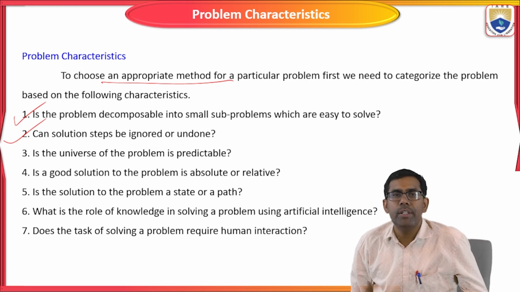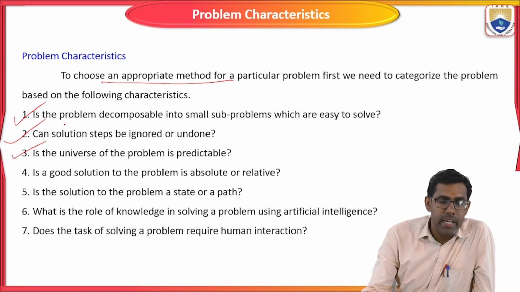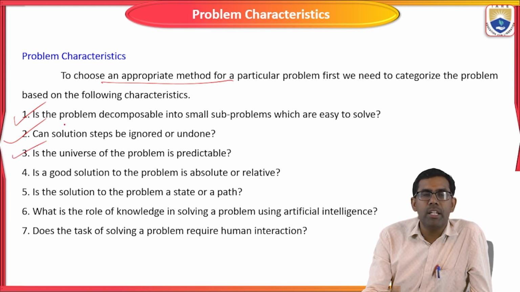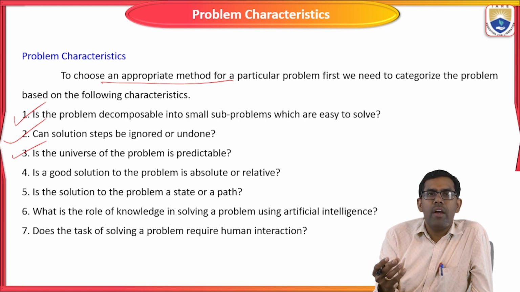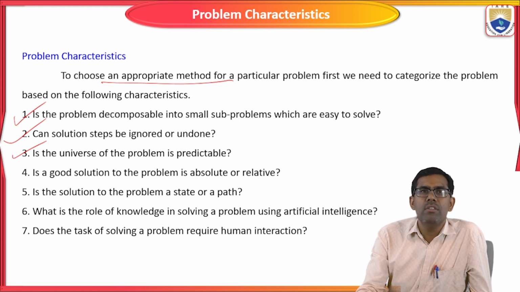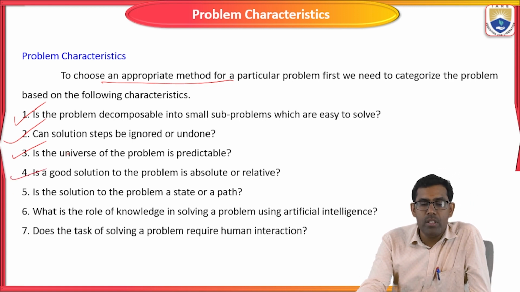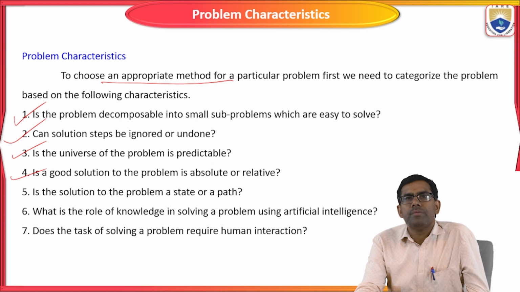That way we are going to take the characteristic. The third one is whether the universe of the problem is predictable. If you have some solutions or some knowledge about the problem solving, it should be predictable. The fourth one is whether a good solution to the problem is absolute or relative.